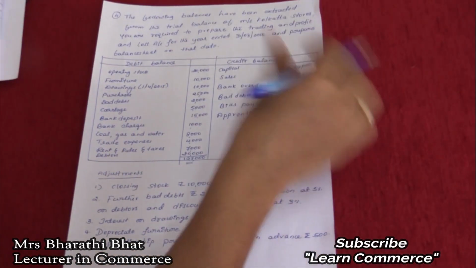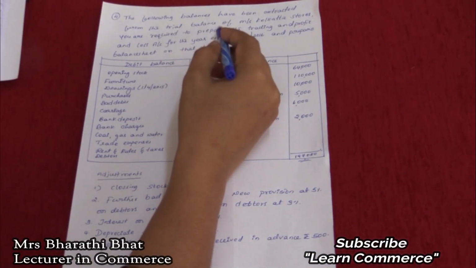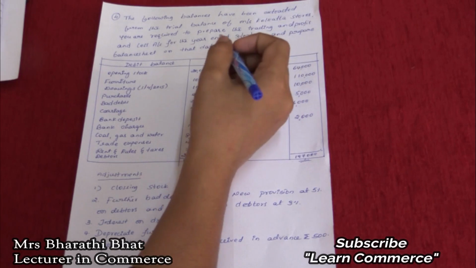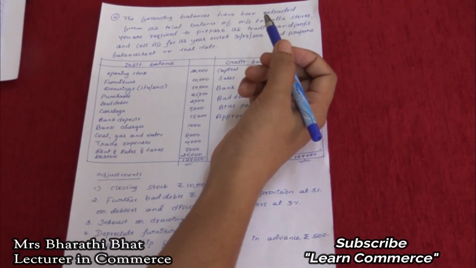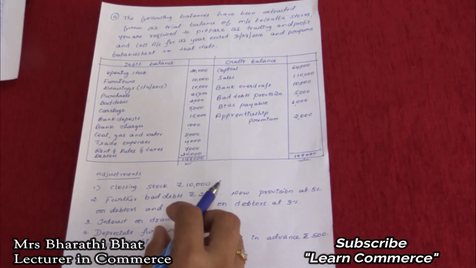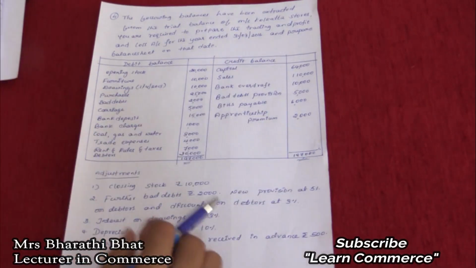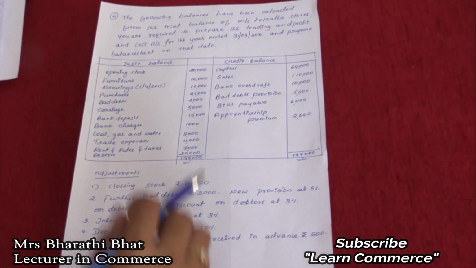The question is like this: the following balances have been extracted from the trial balance of Kolkata Stores. You are required to prepare the trading profit and loss account and balance sheet for the year ending 31st March 2016. Here all the information is given.